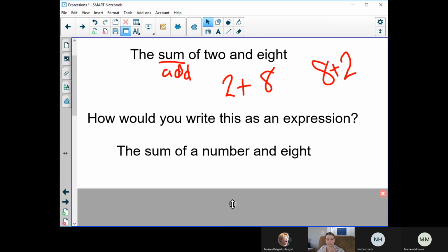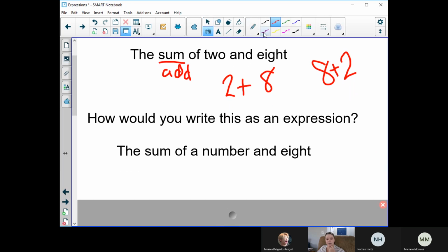All right, what about this one? The sum of a number and 8. How would you write that as an expression?